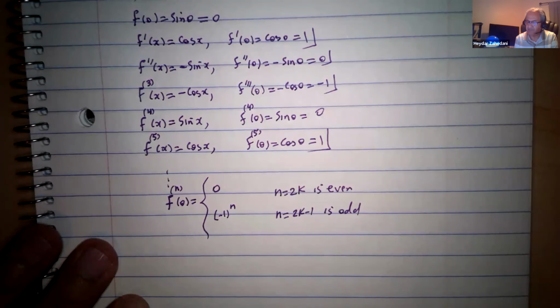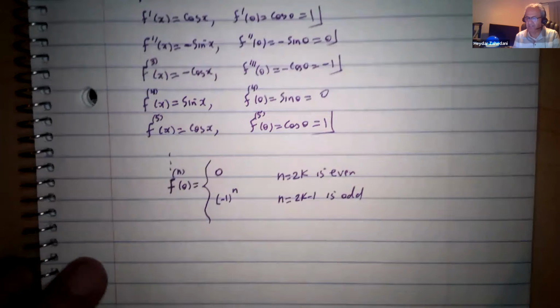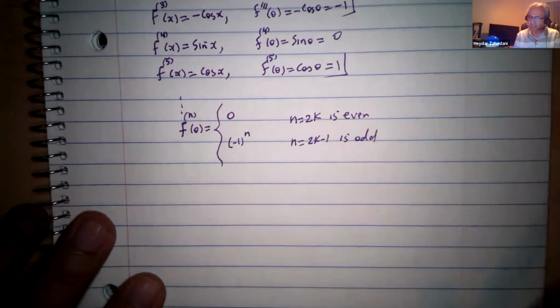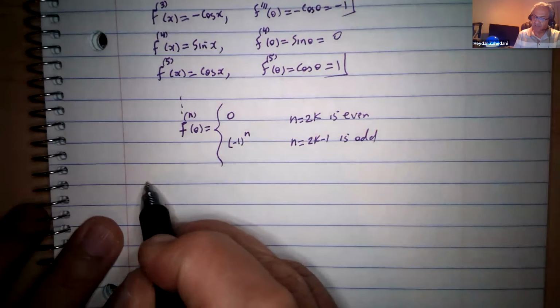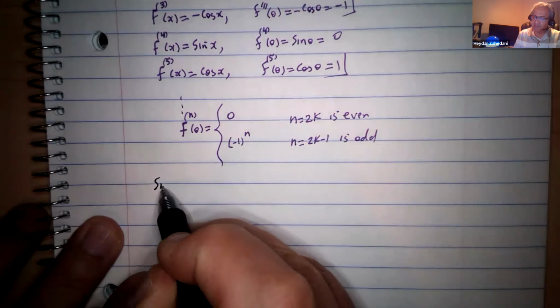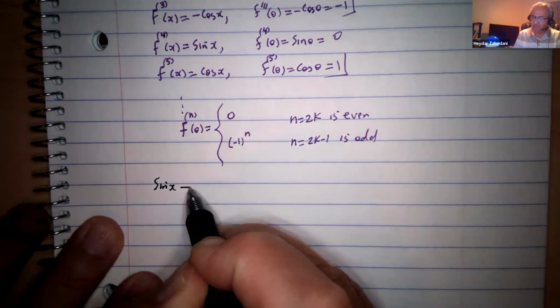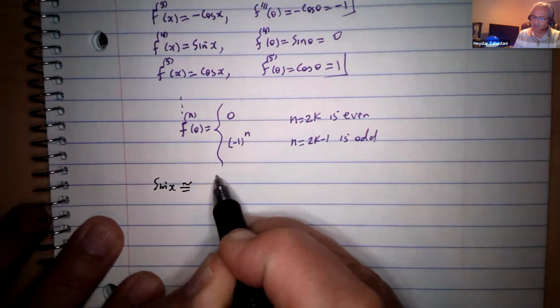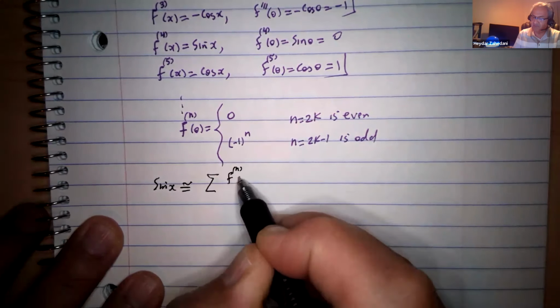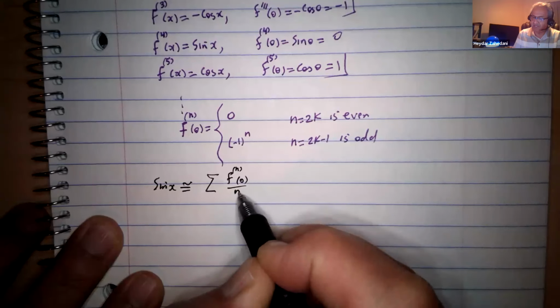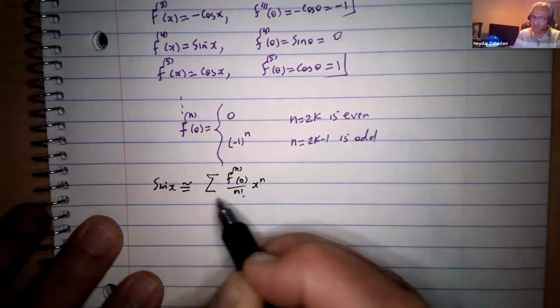Okay, so we have a formula for you. The conclusion is that we start with sine x, which is going to be its Taylor series. The Taylor series is the sum from n equals 0 to infinity of the nth derivative at 0 over n factorial times x to the n.